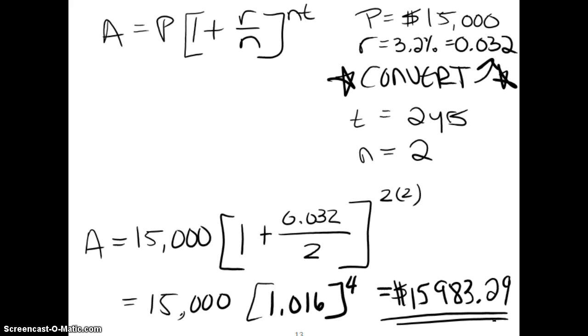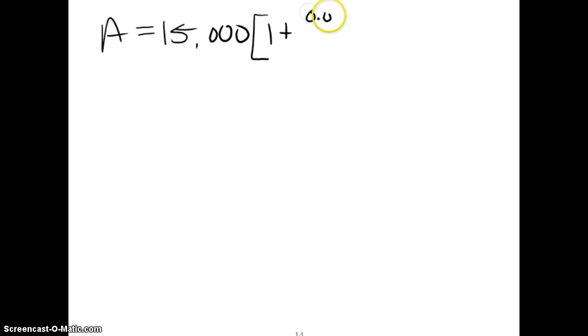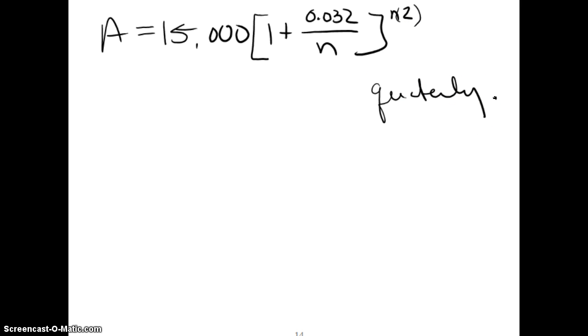Now, that was semi-annually, right? So semi-annually meaning twice. What if I want it quarterly? So I start again. I now know all of my numbers except for n. And now I want it quarterly. Well, what does quarterly mean? Quarterly is going to be 4 times a year. So if it's 4 times a year, that means it occurs 4 times that year.